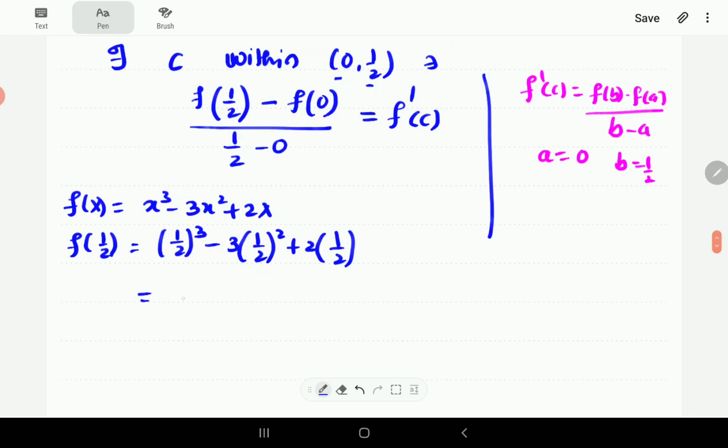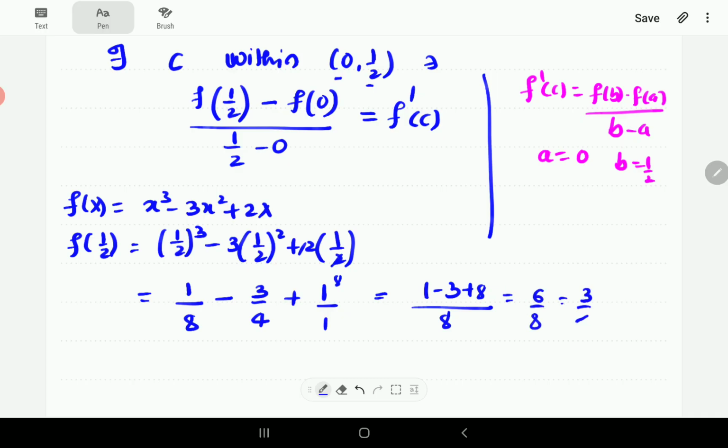This is simply 1 over 8 minus 3 by 4, and the 2 cancels, it is simply 1. Let us take the LCM, which is 8, so this will be 1 minus 6 plus 8 upon 8, which is 3 over 8.